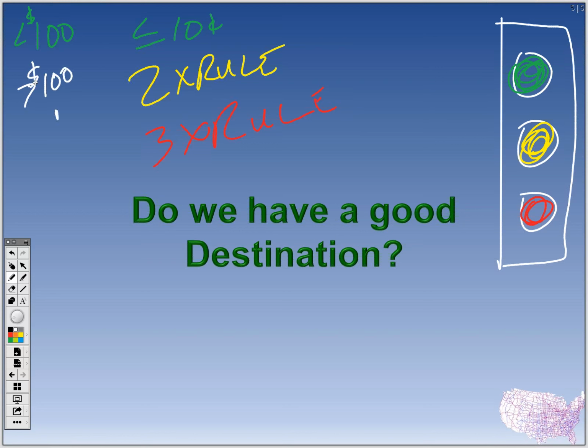We move the decimal 3 ticks, so 1, 2, 3, right? On a $1,000 stock, that would be $1 wide. So 2 times the rule, yellow light, 3 times the rule, red light.